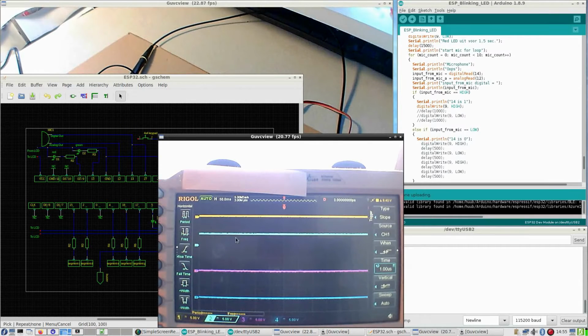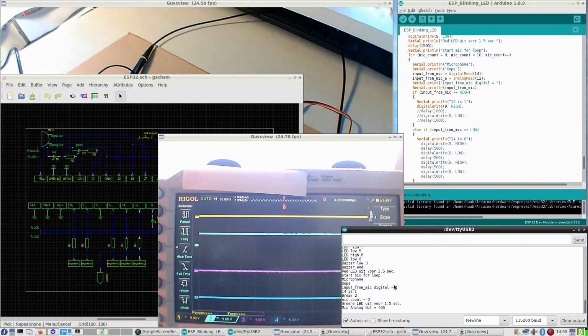This signal is for me not understandable. There is a very low variation in maybe a half or 1 volt to what it should be compared to this and this one, which has no signal. So what's the difference? When does it go 0, 1, when does it go 1?